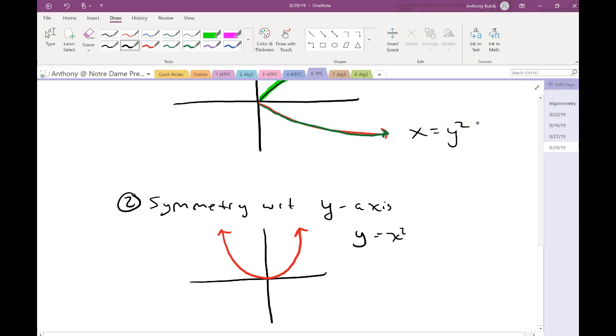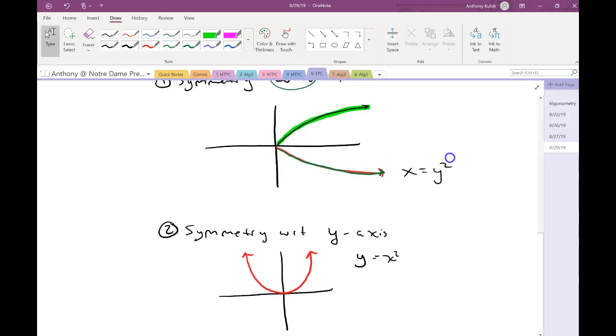So the same idea. Here, if you look at one half of the graph and you fold it over across the y-axis, it should lie exactly on top of the other half of the graph. Everybody okay with that idea? Okay, good.